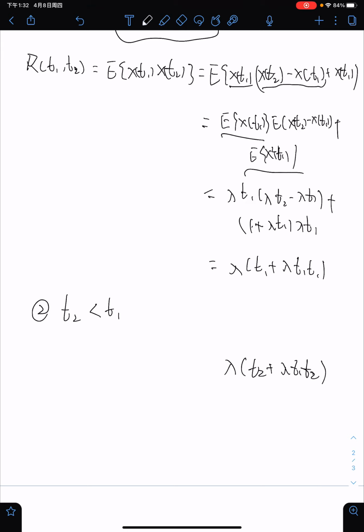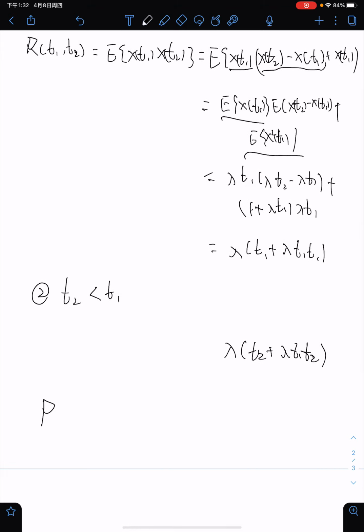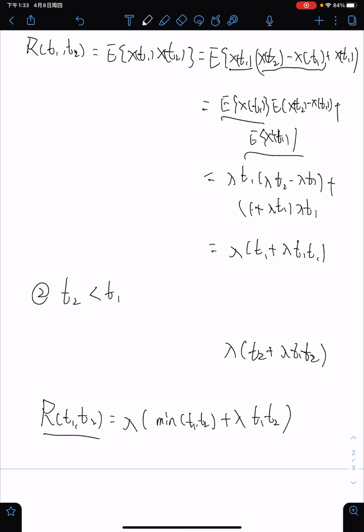So in conclusion, we can write R(t1, t2) equals lambda times the minimum of t1 and t2 plus lambda squared t1 t2. So we get the autocorrelation. Thanks for watching.